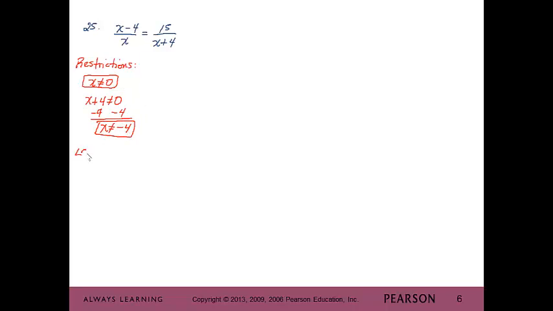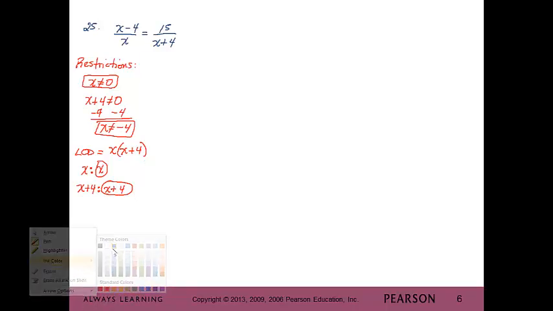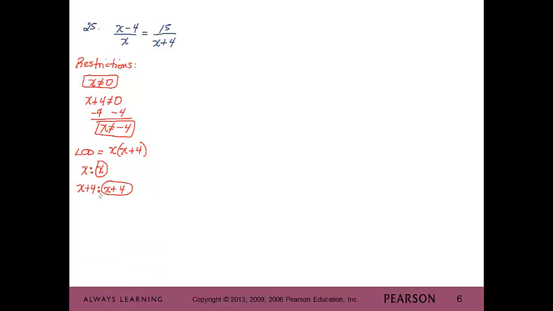So now we can move on and find the LCD. So the factors of x are just x, and then the factors of x plus 4 is just x plus 4. So the LCD is going to be x times x plus 4. Then we multiply each term by the LCD. So x minus 4 over x times x plus 4.